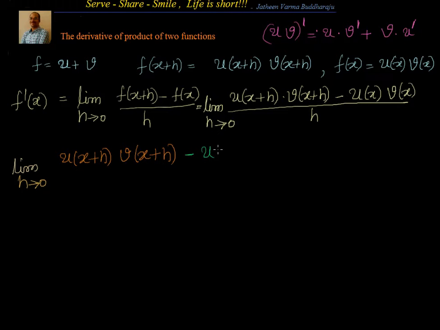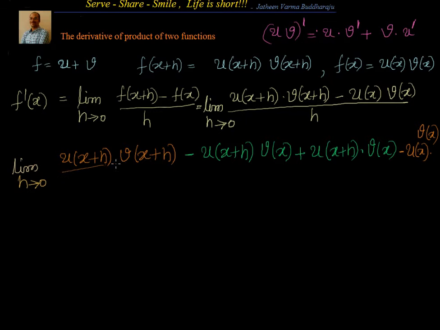The term is minus u of x plus h into v of x plus u of x plus h into v of x, minus u of x into v of x. So if you observe, I have just added that term and subtracted it. This whole thing I have to divide by h.